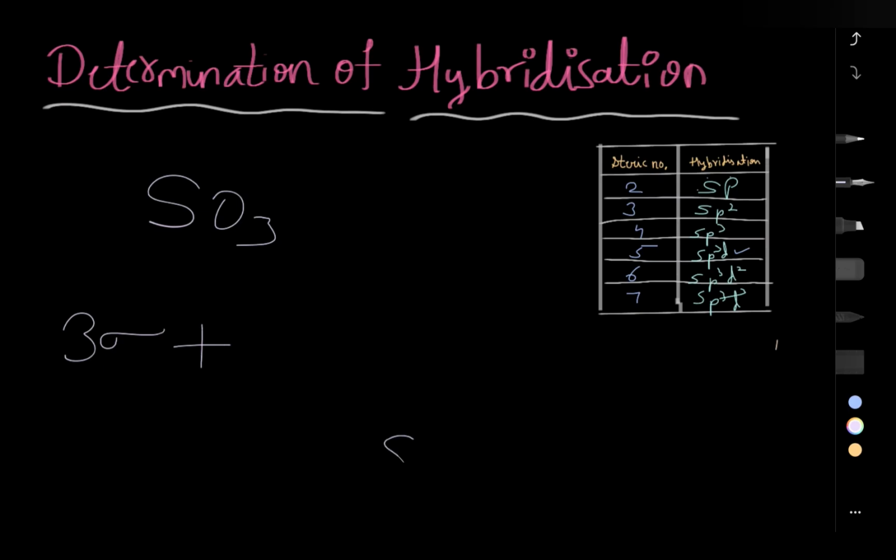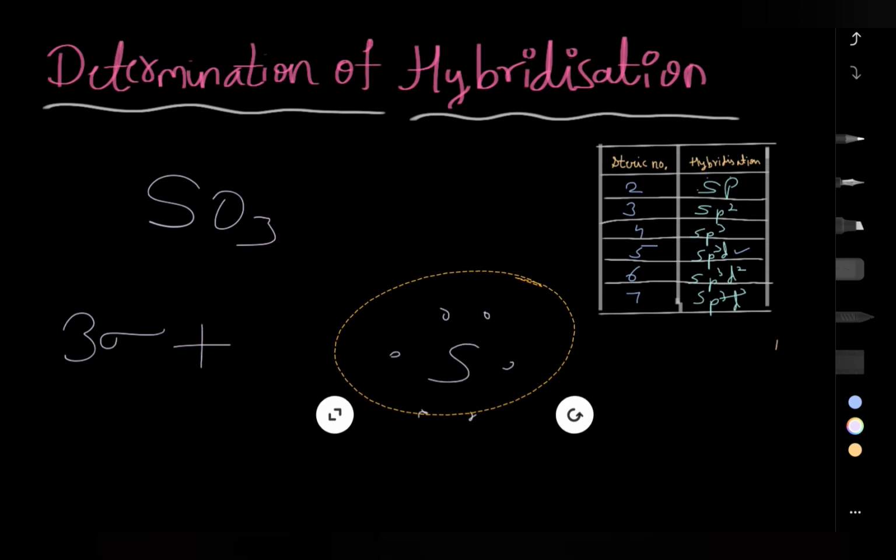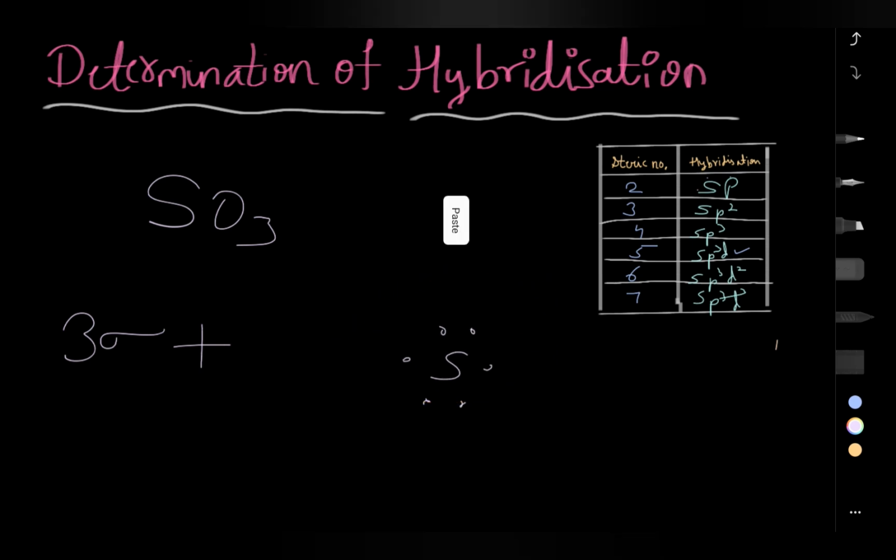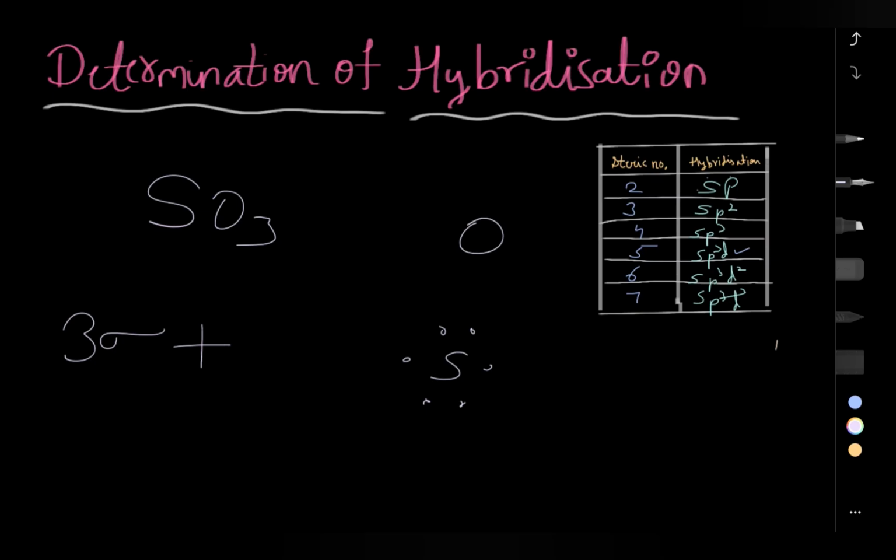In sulfur, we have 6 electrons. 1 2 3 4 5 6. In oxygen, we have 6 electrons. 1 2 3 4 5 6.